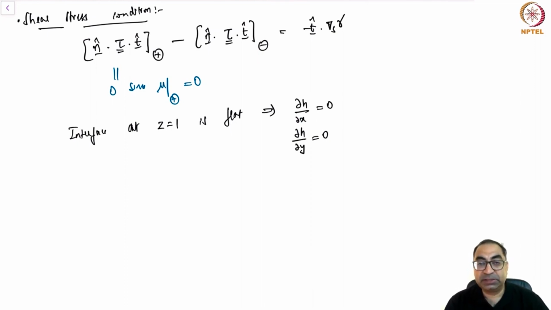But now remember, it's in 3 dimensions. So now you have 2 shear stresses that you will have to keep in mind, tau xz and tau yz, and try and evaluate these expressions and evaluate these jump conditions in terms of dimensional velocities.